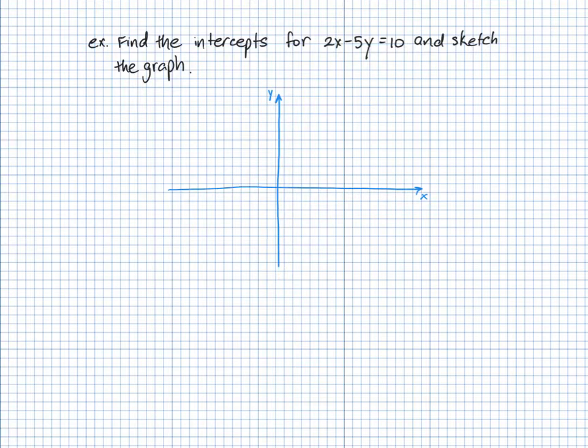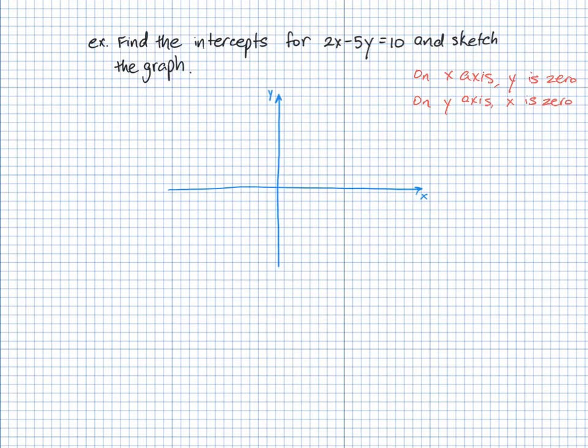Let's write that down to make sure we remember. On the x-axis, y is always 0, always. And on the y-axis, x is 0, and that's always true as well.